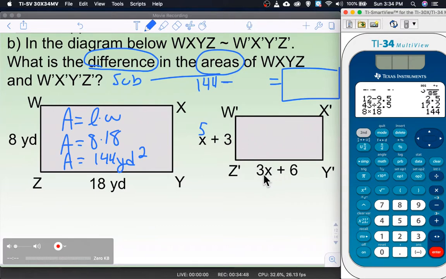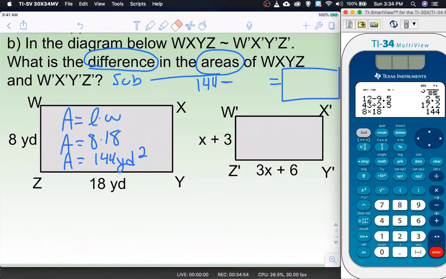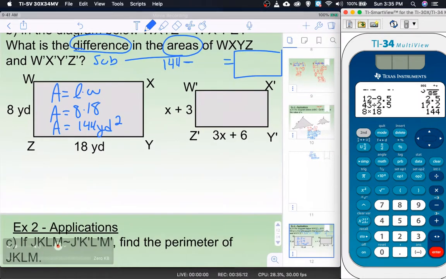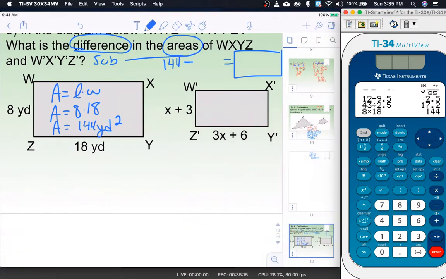And this would be 15 plus 6, which is 21. Then we could find our area. So my goal is to find x, to find how big the sides are, to find the area. To do all that, we're going to set up a proportion because the two shapes are similar. I'm going to make a new page here because I don't have space to work it.